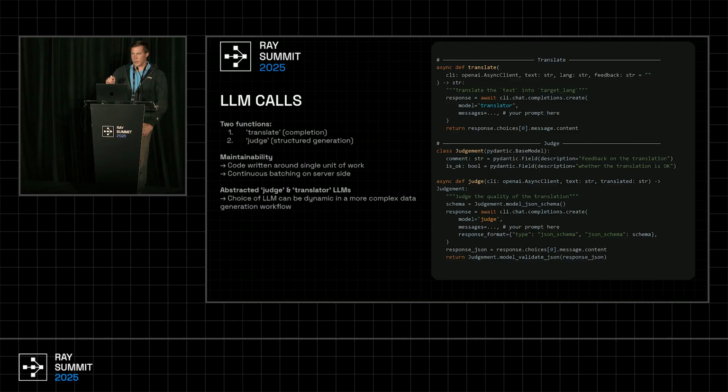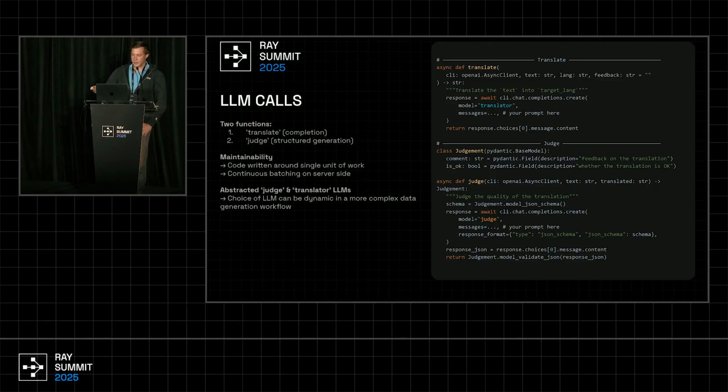This means that we can call them through an OpenAI client. So when we define our translate and judge functions, all we need to pass to these is the OpenAI client. For the translate function, we'll pass along the text, the language that we want to generate, the translation target, and there's a feedback variable that will come in useful in case we need to iterate on it.